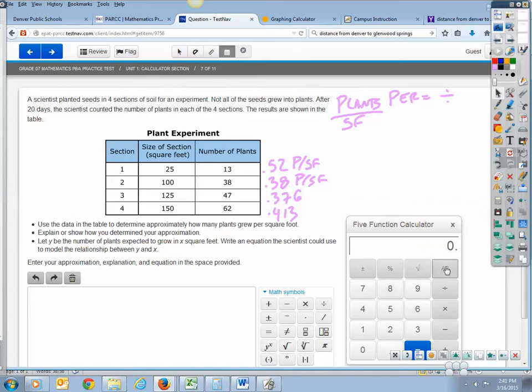Okay, 0.41 plus, what's halfway in between these two? It's going to be about 0.40. So it'd make more sense just to round it to 0.4, right?